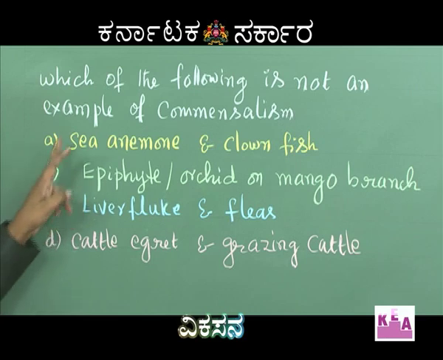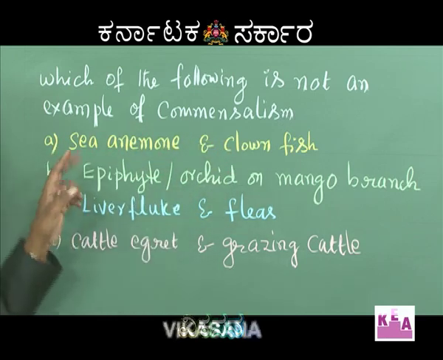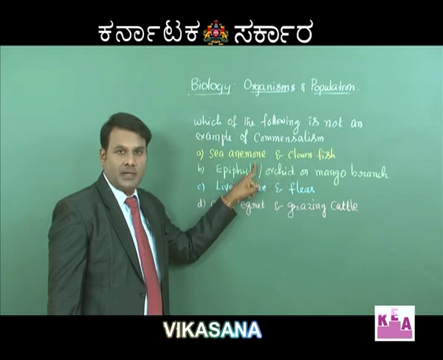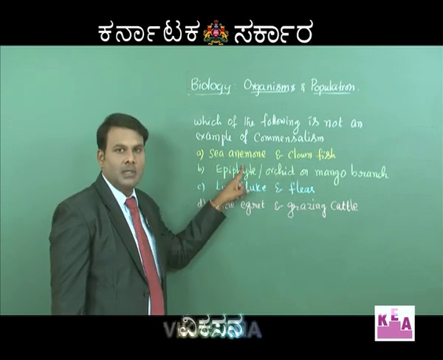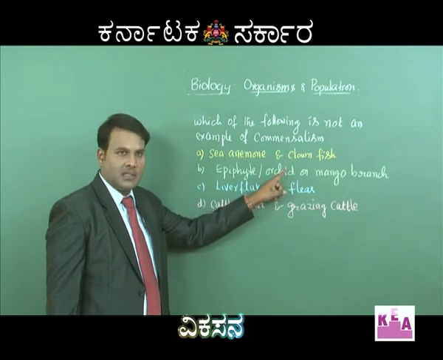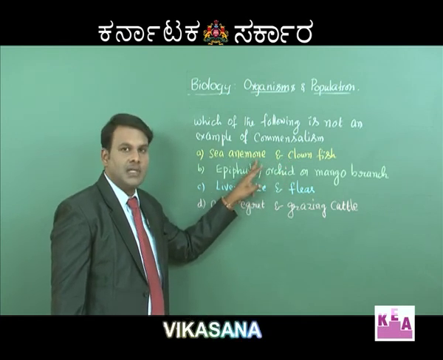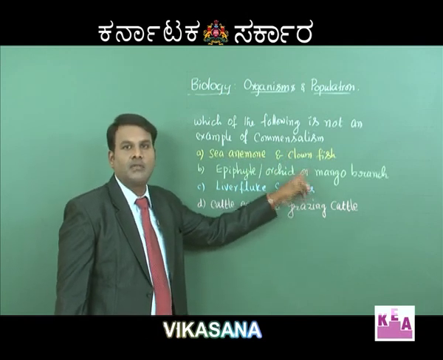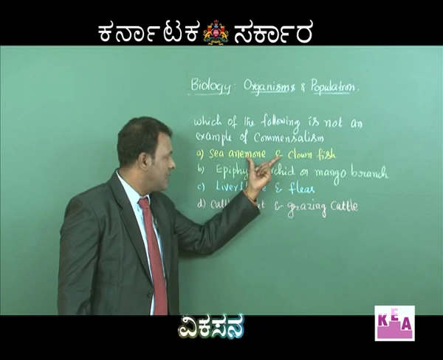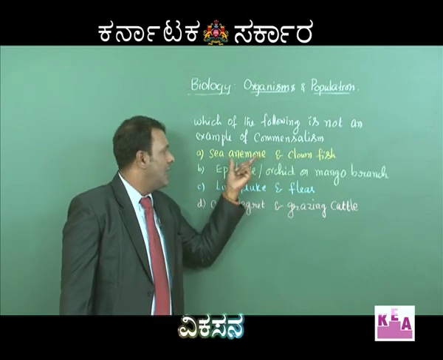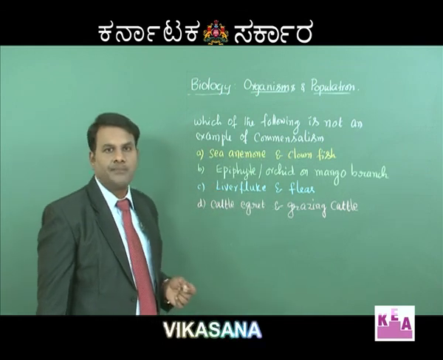Option A, sea anemone and the clownfish. In this interaction, the clownfish gets the benefit of the sea anemone because the sea anemone has tentacles. These tentacles keep the predators or enemies of the clownfish away, so the clownfish is benefited from the sea anemone and the sea anemone is neutral.